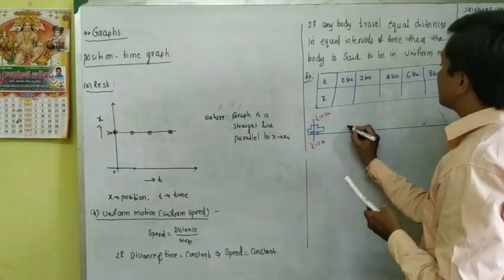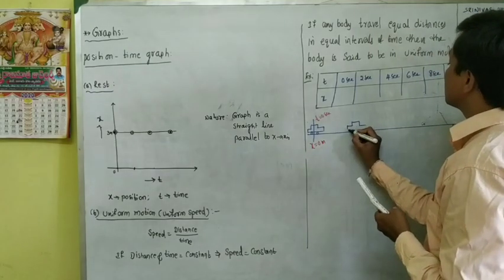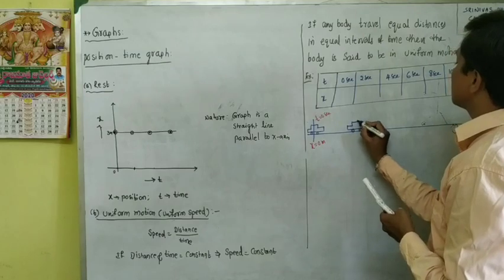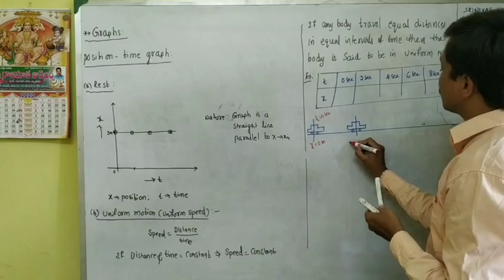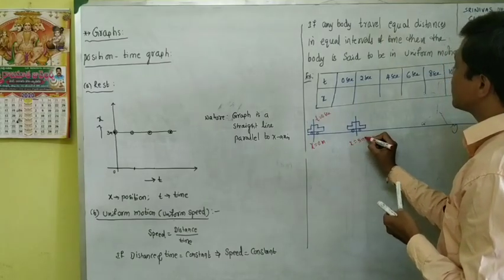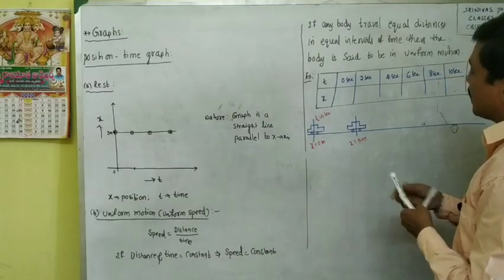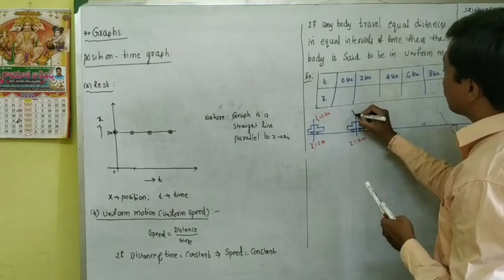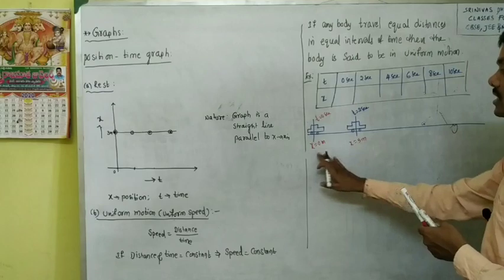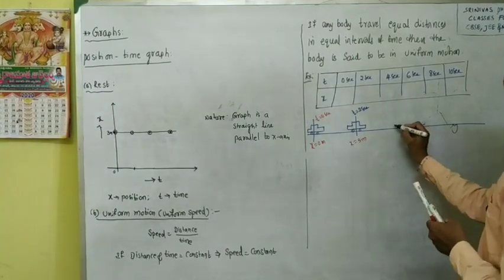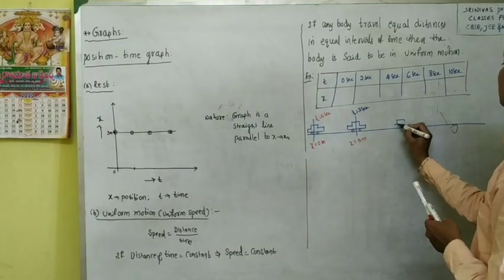Now the new position is x equal to 5 meters, right? This is the location after 2 seconds. After 2 seconds it is at the 5 meter location, means how much distance traveled? 5 meters traveled.